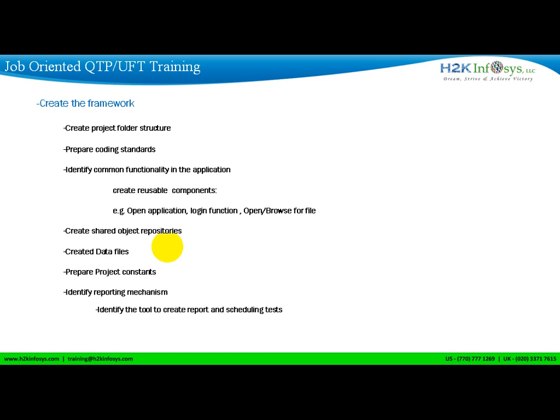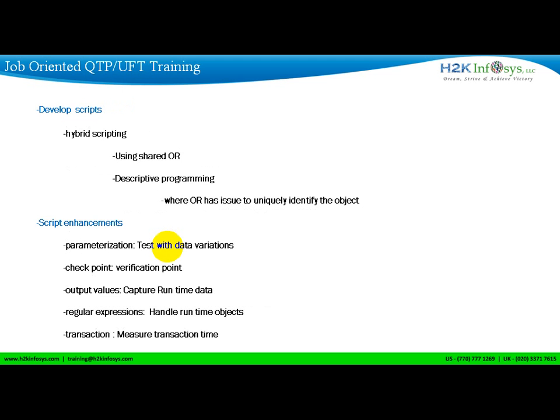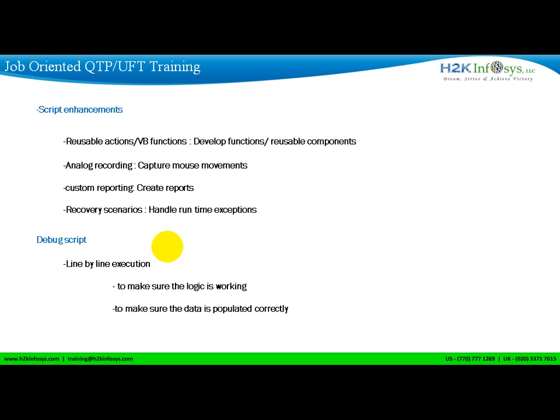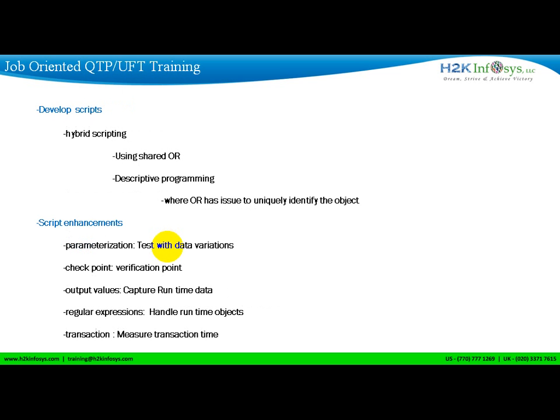So once you create the framework, the next step is you are going to develop the scripts. Here you can follow different approaches to develop your scripting based on object repositories.